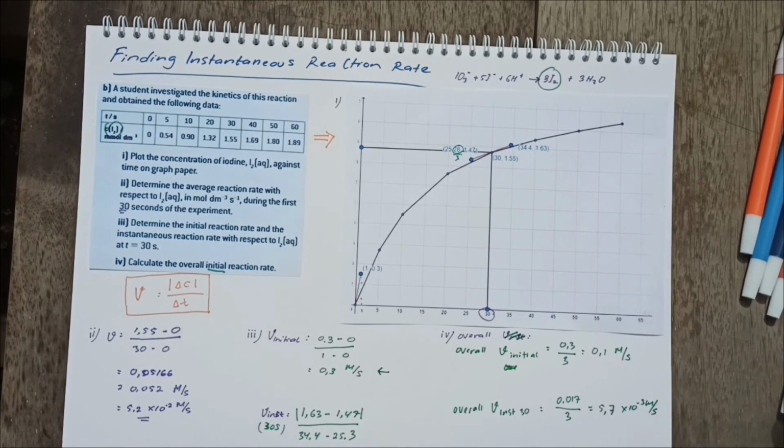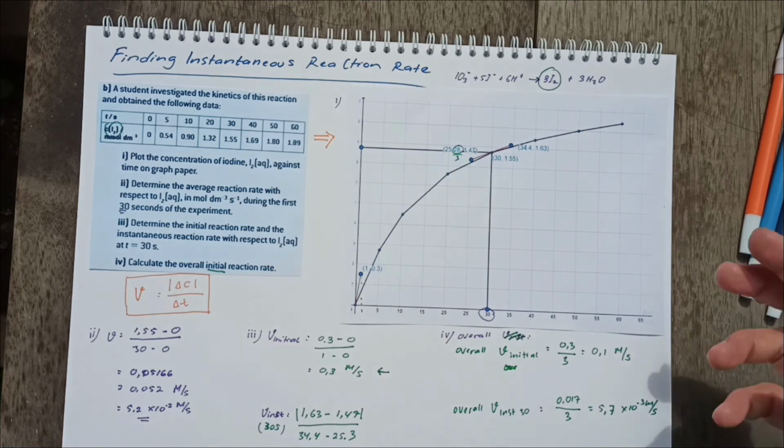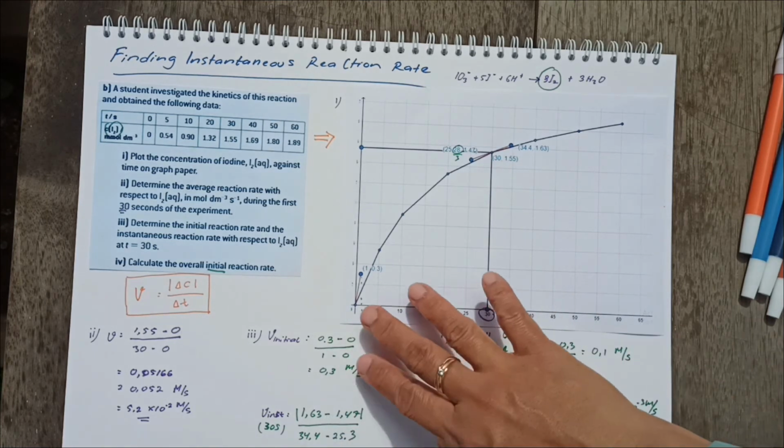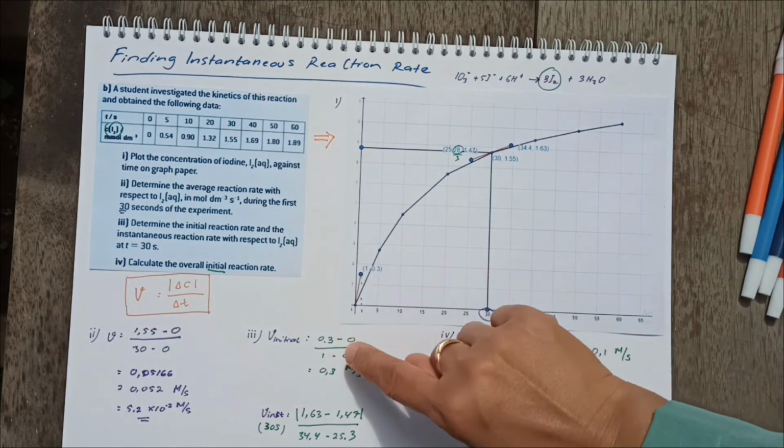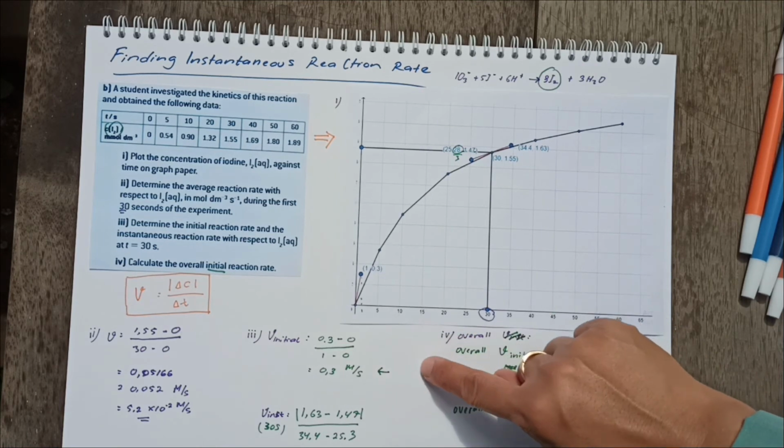So there you have it. This is what the rate is when it starts: 0.1 molarity per second overall. If we call it overall, it's going to be 0.1, but if it's at that specific moment, it's going to be 0.3 molarity per second.